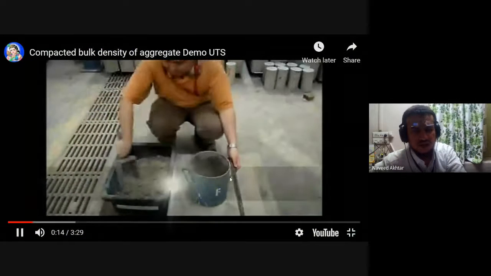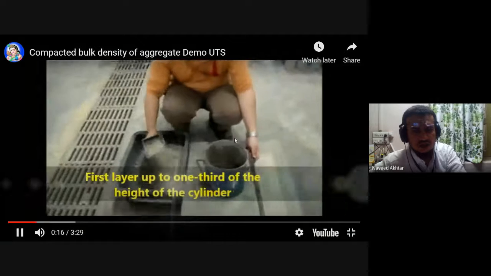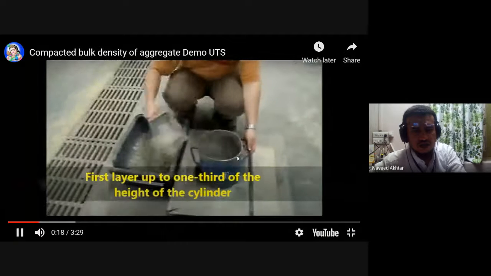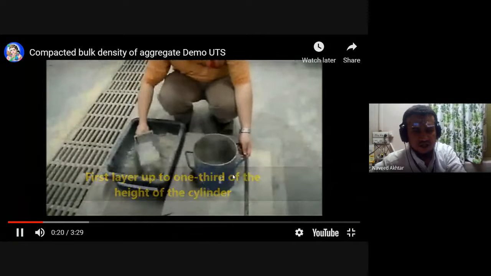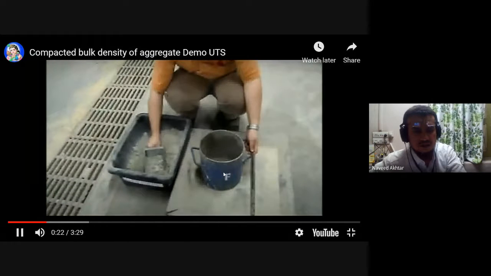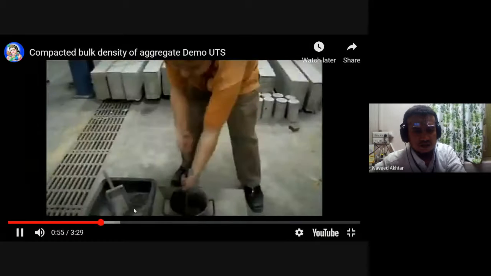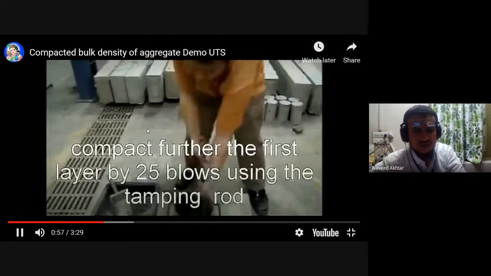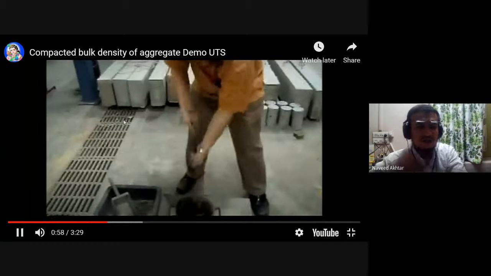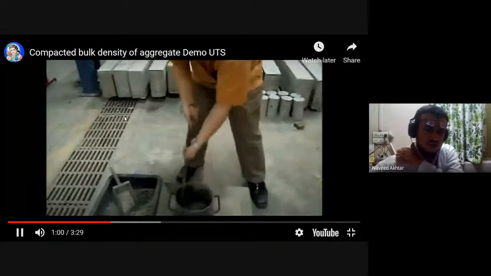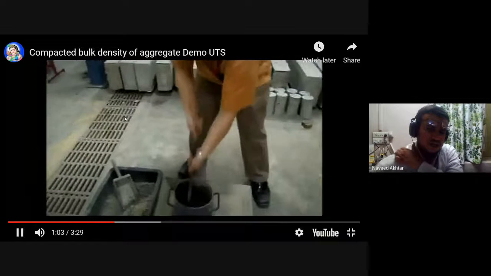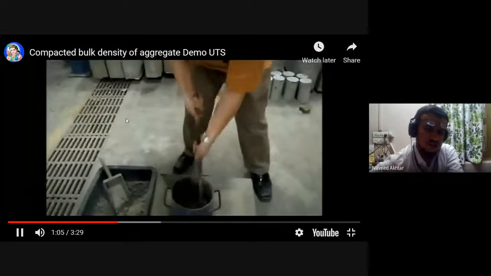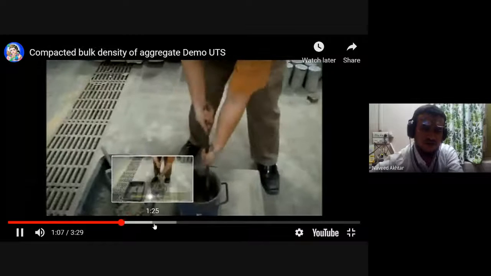Just you have to take the container and fill the aggregate into the container. In three layers you have to fill the container, and each layer is compacted 25 times.